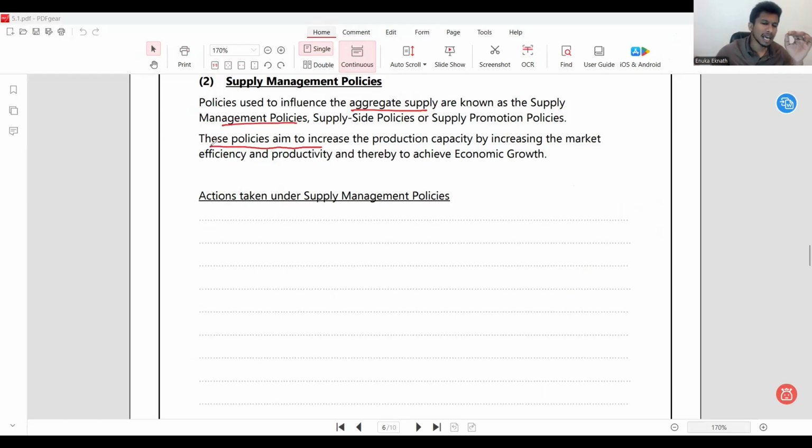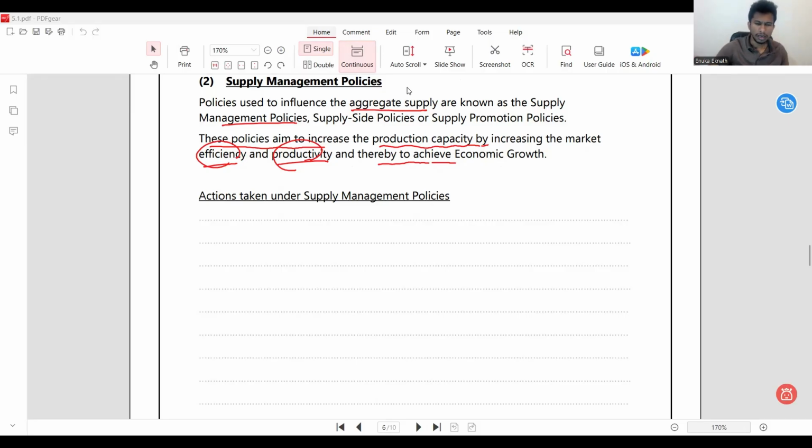These policies aim to increase the production capacity by increasing the market efficiency and the productivity, and thereby to achieve economic growth. So what do they mainly do? These policies try to increase the efficiency and the productivity, and thereby to achieve economic growth.